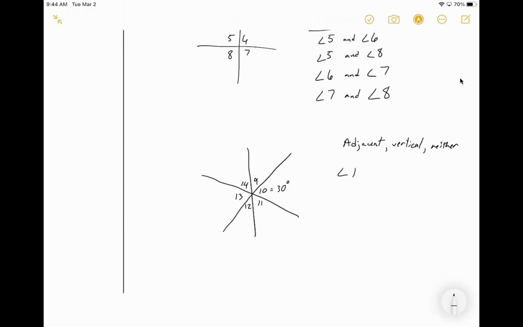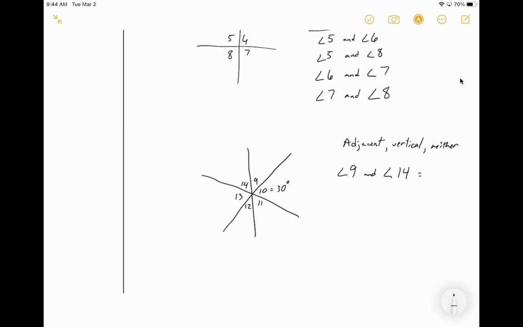How about angle 9 and angle 14? Are angle 9 and angle 14 adjacent to each other, vertical, or none of the above? Angle 9 and angle 14.